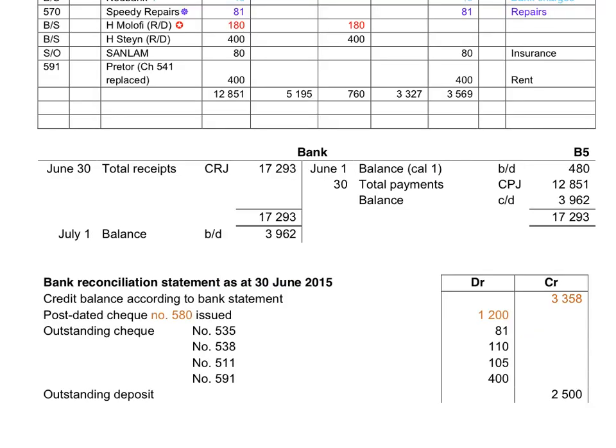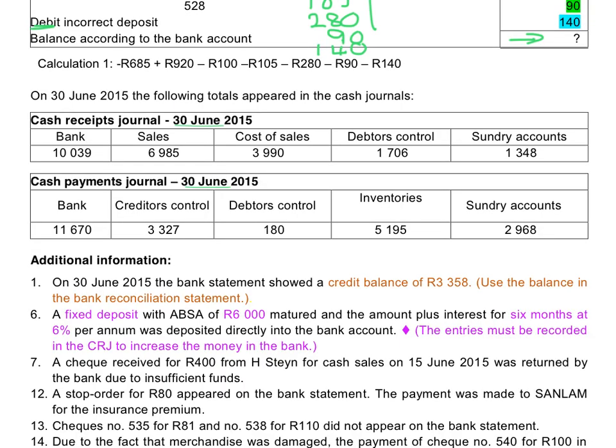According to that balance, we have a credit balance in the bank of 480. That means the end of the previous month, we had a bank overdraft and we actually owe the money to the bank at the beginning of the month. Then they give us the totals in the cash receipts journal and in the cash payments journal.